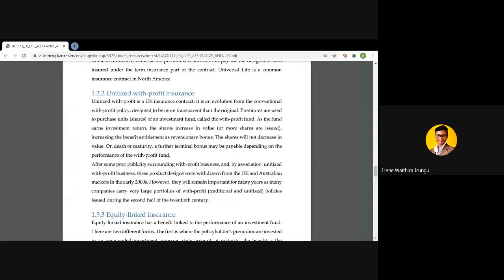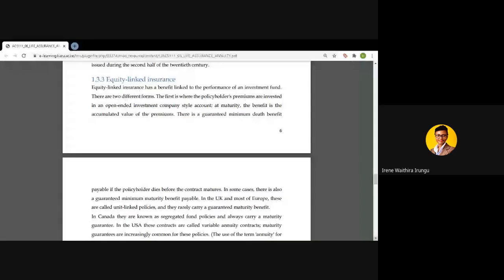So we also have what we call the equity linked, and the equity linked can be looked at in two different forms. Again, in this case, it's a situation where we want to cover both the life cover as well as the investment or savings part.